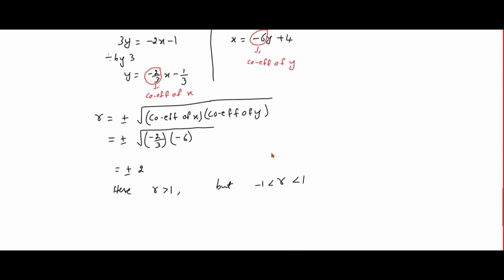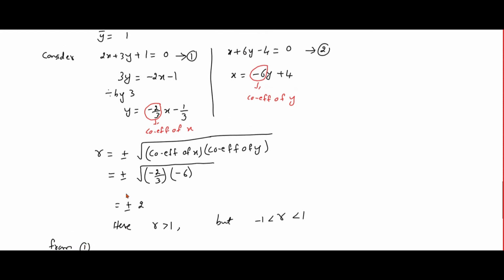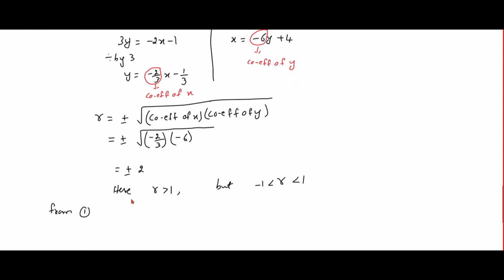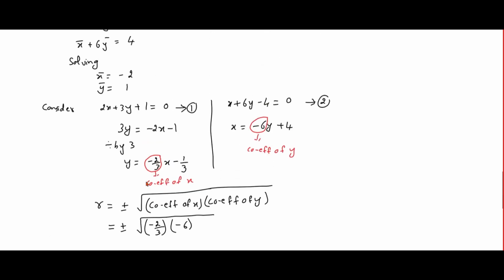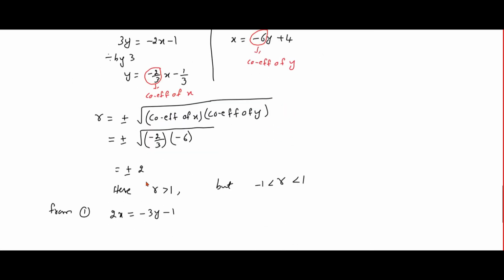So from equation number 1, I'll write x is equal to. If you want to write x, you get 2x is equal to minus 3y minus 1. Do you get this equation? And from equation number 2, you have to write y is equal to.